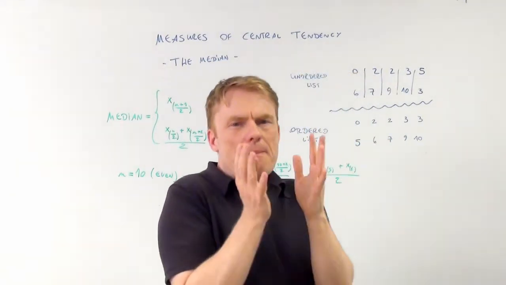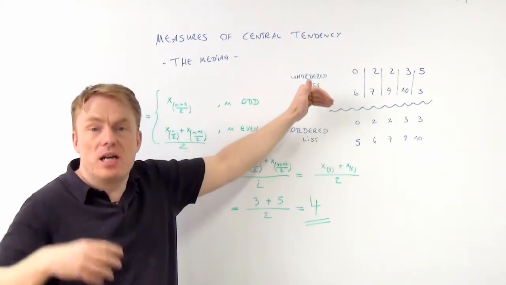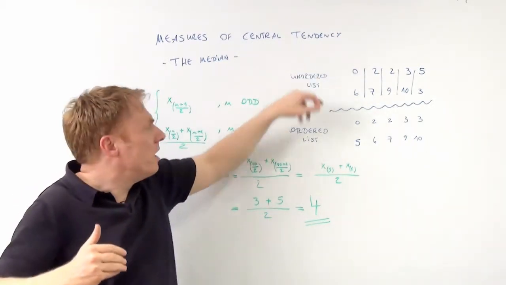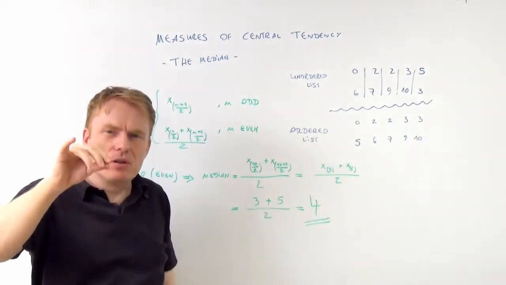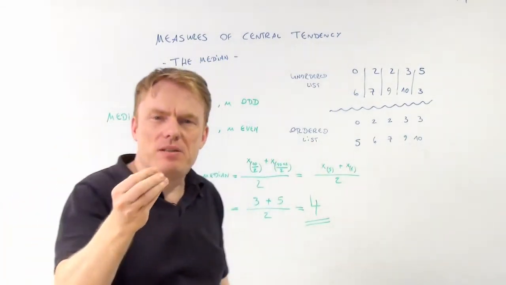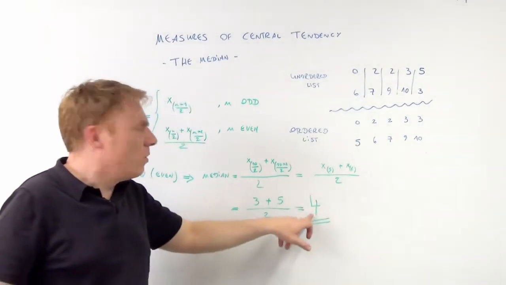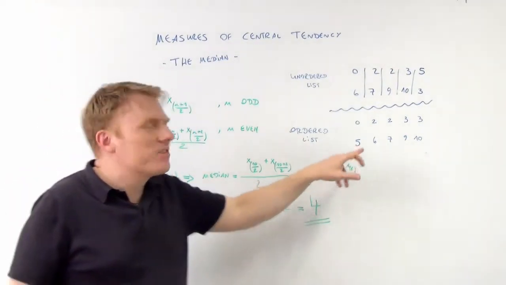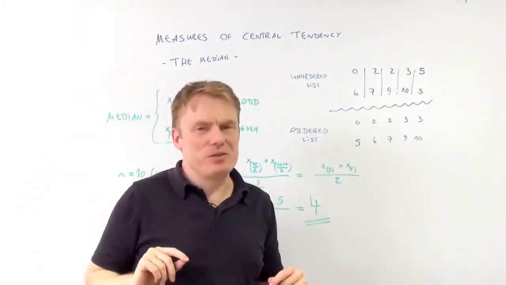And since there is only a middle if we talk about the ordered list, we first need to put the unordered list into an order and only take a look at the ordered list. To really find the median, we need to take a look only at the ordered list. Which means 4 is in the middle of all values.